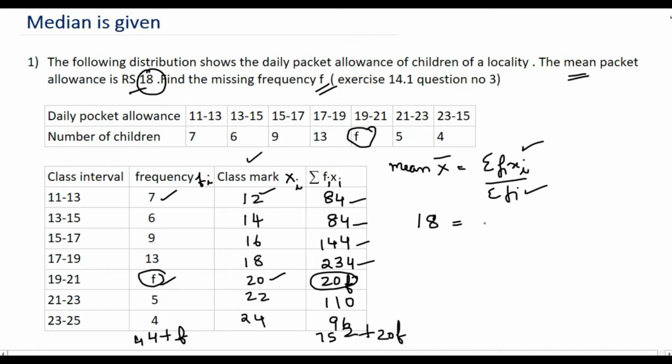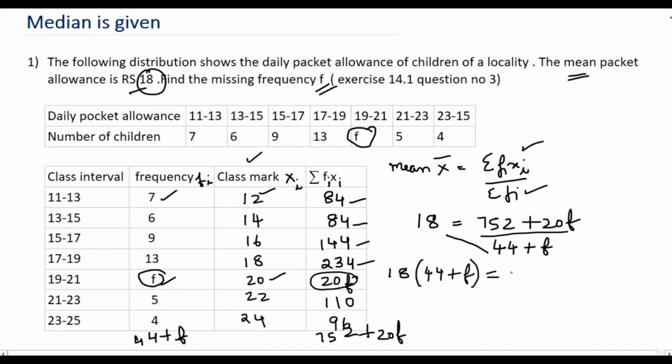Now I am going to substitute this. Sigma Fi xi is 752 plus 20f. Because f is a variable, we cannot add that variable with the numbers. And sigma Fi is 44 plus f. Now next step, we are going to cross multiply this. 18 into 44 plus f equal to 752 plus 20f.